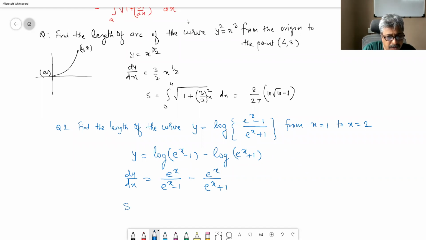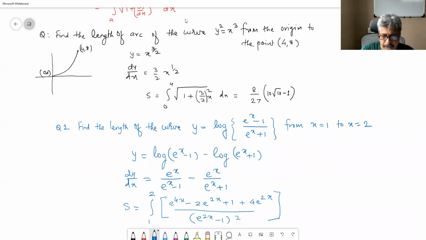Therefore, S is equal to the integral from 1 to 2. Now, orally, if we simplify this, I'll get something like this: (e raised to 4x minus 2 e raised to 2x plus 1 plus 4 e raised to 2x) upon (e raised to 2x minus 1) whole square, whole bracket raised to 1 half dx.